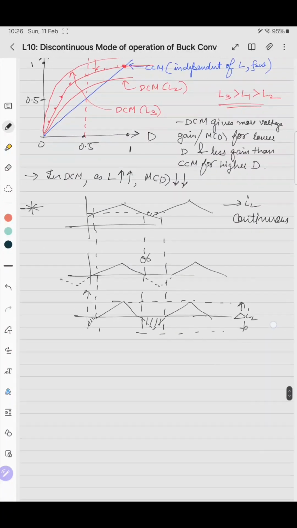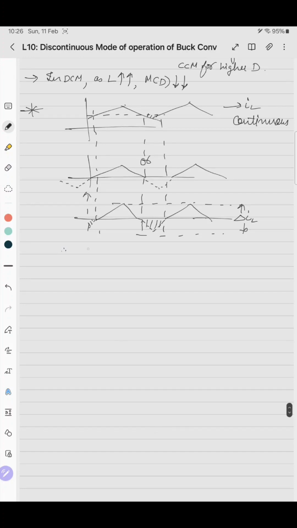Yes, everything is replaced. So therefore delta IL of D should be less than delta IL. Okay, this is there. So we need to replace delta IL of D in terms of known plant or system parameters. System is here the converter.